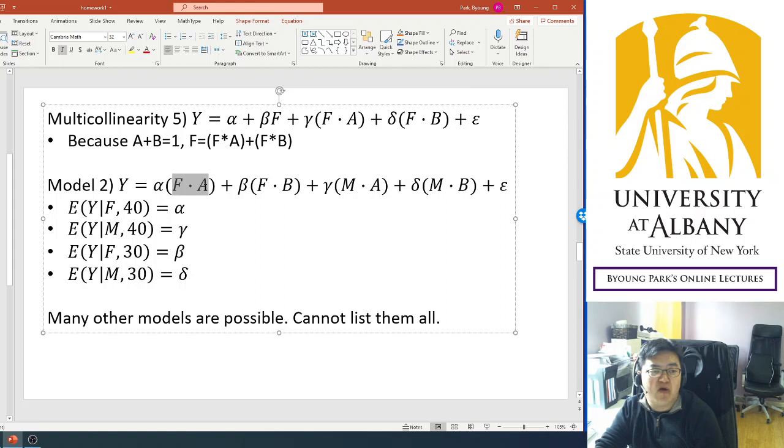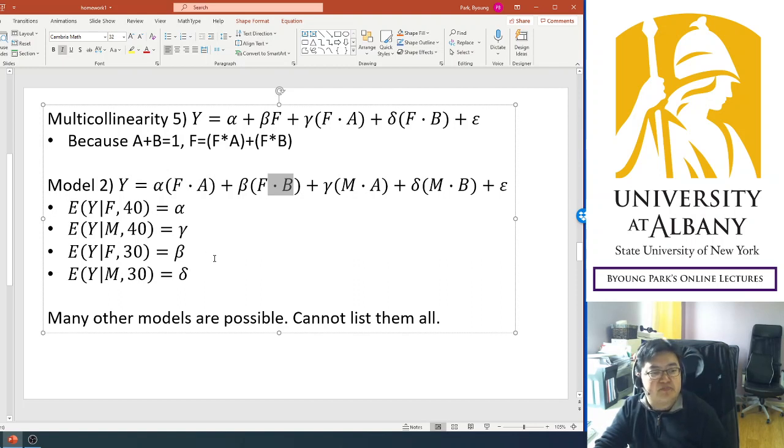So this takes 1 for this group, and this takes 1 only for this group. There are 4 groups. You can think about the group as another variable that can take 4 different values. Then you have a one-to-one correspondence between the parameters and the groups.